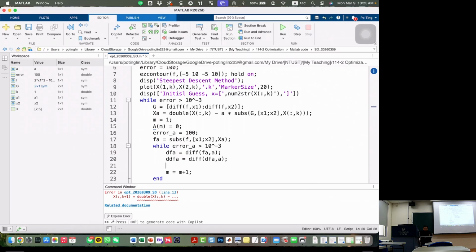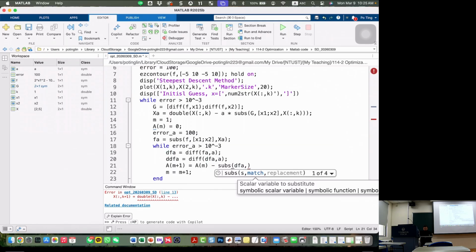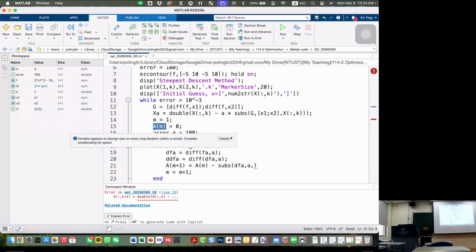So in Newton's method, my next alpha equals the current alpha minus substitute dfa, variable a, and current A. Plug in the value, divided by the same thing but ddfa.